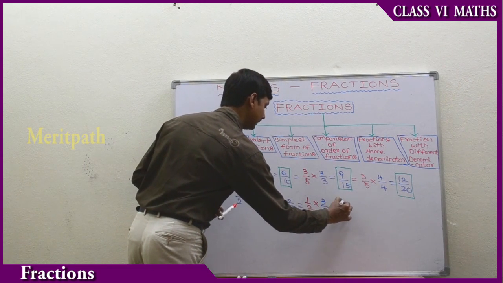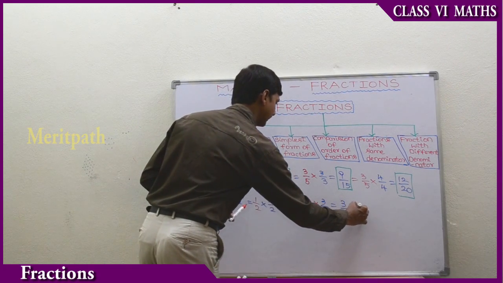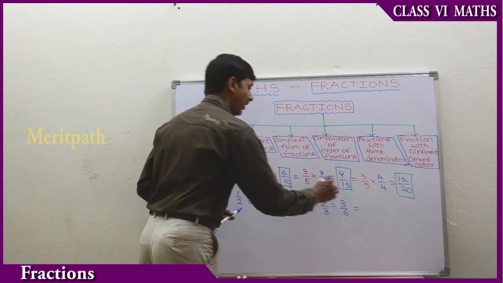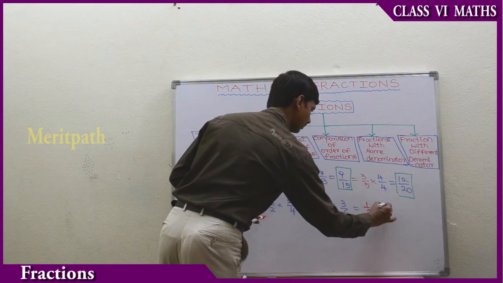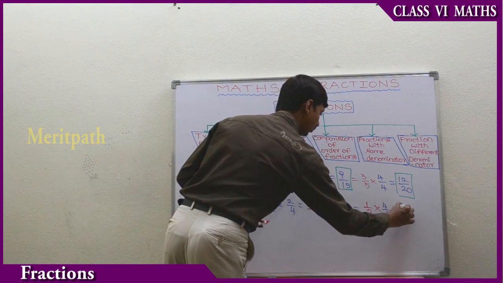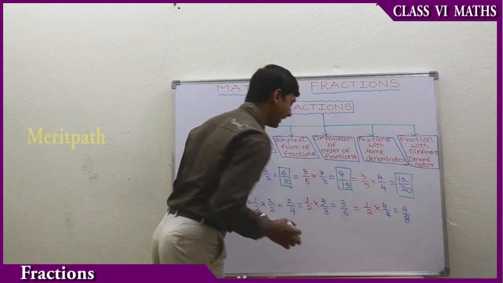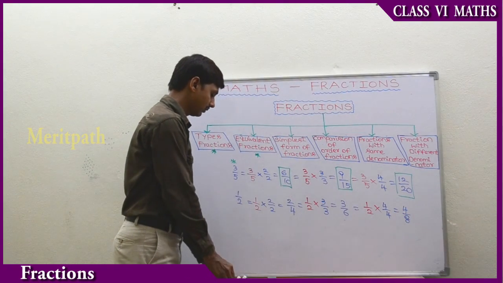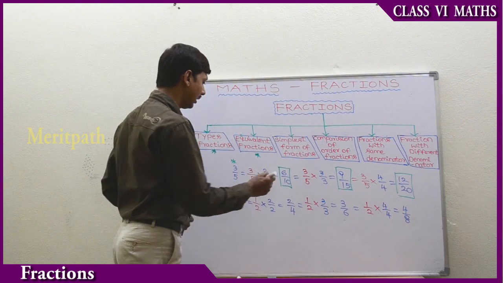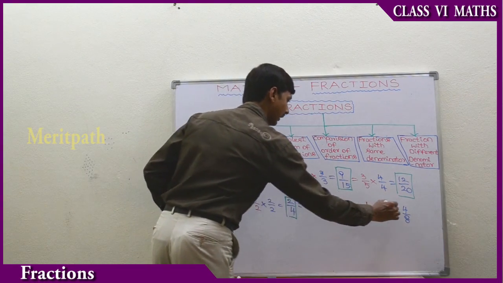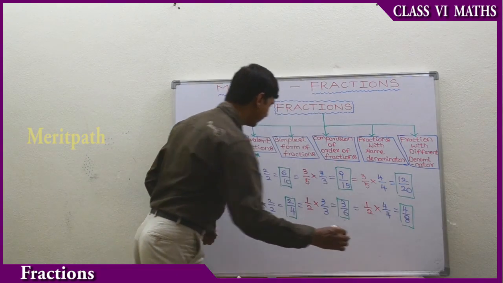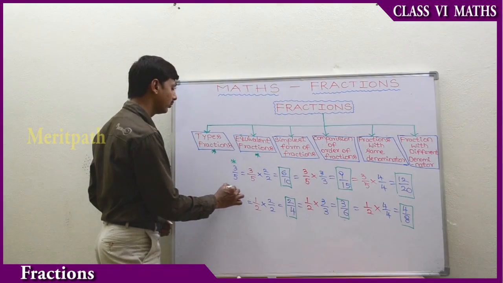So we'll be getting 3 by 6. And 1 by 2 is multiplied with 4 by 4. So we'll be getting 4 by 8. So the fractions we got here are 2 by 4, 3 by 6, and 4 by 8. All these fractions are equivalent to 1 by 2.